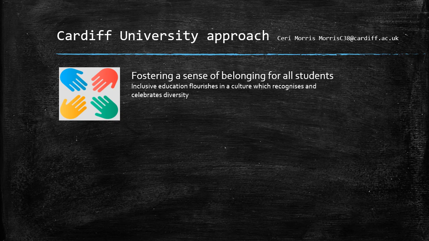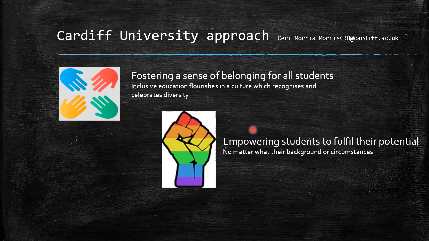So the Cardiff Uni approach really helped me. I began to look at fostering a sense of belonging for all students, so really just creating that culture and celebrating diversity. And that came about from me merely mentioning this within lectures and why I was doing it. Empowering students to fulfill their potential, no matter what their background or circumstances were.